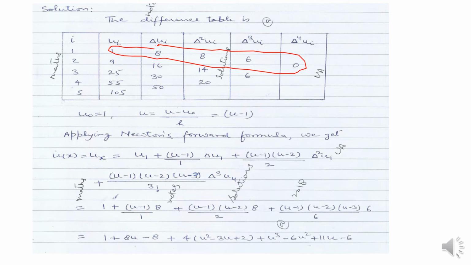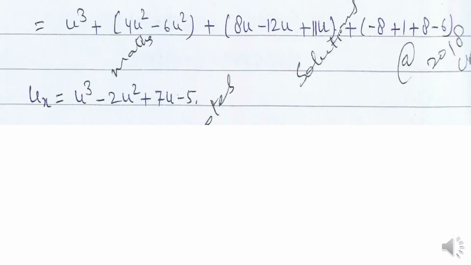So you can see first is u1, which is 1 plus u minus 1 upon factorial 1 into 8, plus u minus 1 u minus 2 upon factorial 2 into 8, plus u minus 1 u minus 2 u minus 3 upon factorial 3 into 6, and the next will be 0, so no need. We simplify it and we get this polynomial.